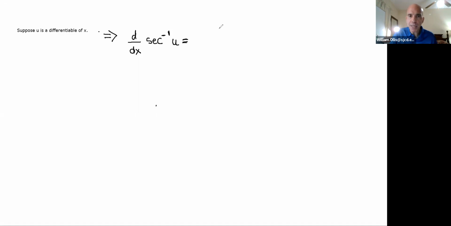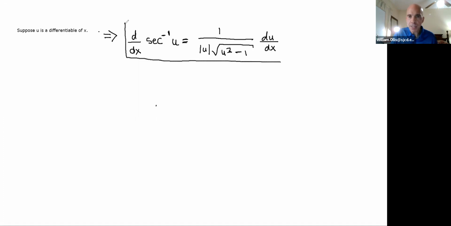So this will just be 1 divided by, now replace x with u, absolute value of u, square root u squared minus 1, du dx. So we have a very, very, very elegant formula that's called the chain rule extension.